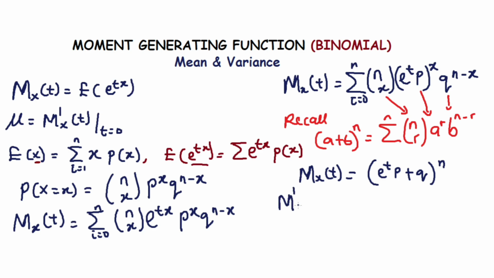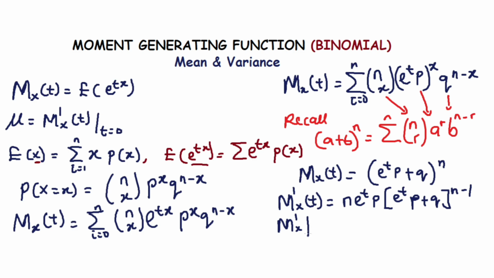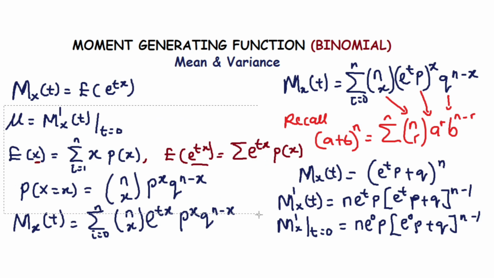So I'll take the first derivative of this with respect to t, using my function of a function: n comes down, then that is e^t p, then I have (e^t p plus q), and I'll take one out of the power. Then let's make t 0 from the requirement of the mean. That would be n e^(0p), (e^(0p) plus q) to the power of n minus 1.